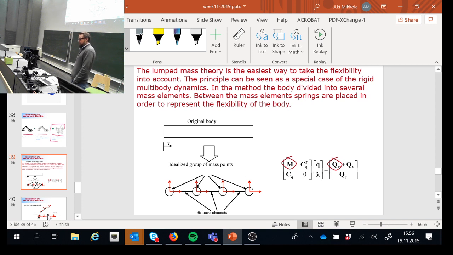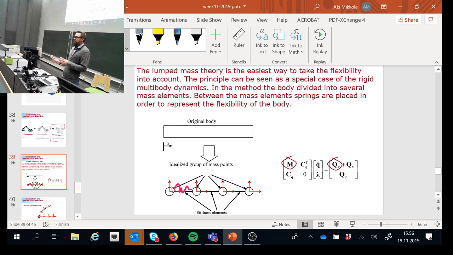But the first way to describe flexible bodies is that you can simply take your original, typically beam-like body, and replace it with a number of rigid bodies. So one body will be replaced by a number of bodies. And in addition to that, you will introduce spring elements between these bodies.